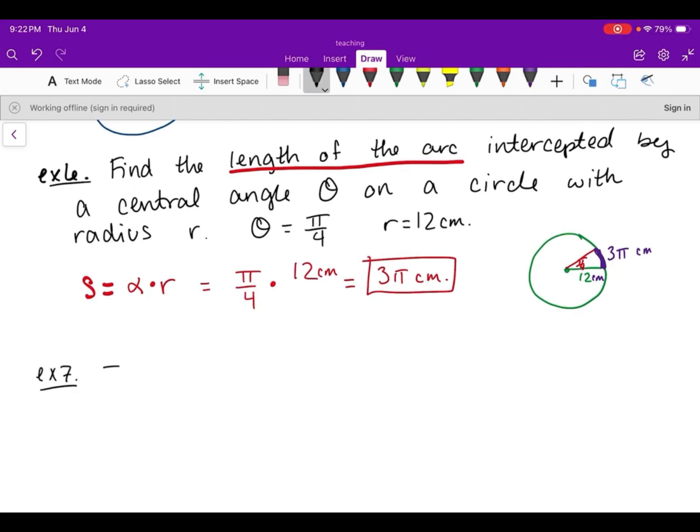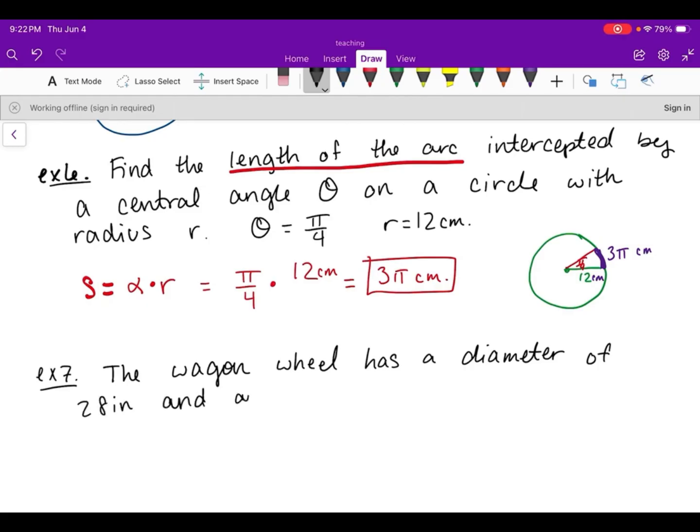We'll do one more example. This one's example 7. It says the wagon wheel has a diameter of 28 inches and a central angle, well, this one just says angle, that's okay, of 30 degrees.